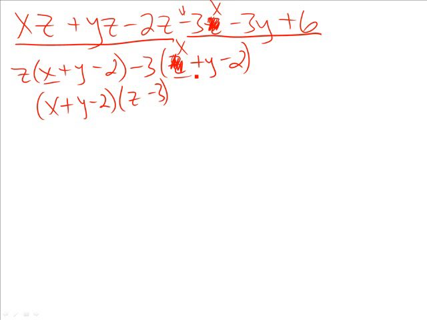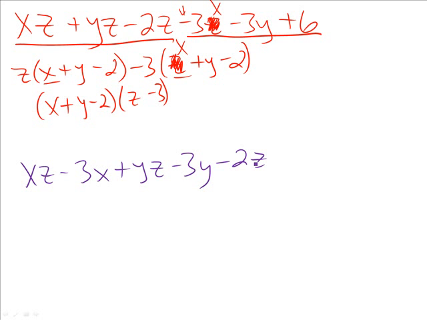Let's say you don't like the arrangement there. You're not seeing the 2 groups of 3s. You could rearrange all the terms if you wanted to. Get the x's together, and then get the y's together, and then get the 2's together.